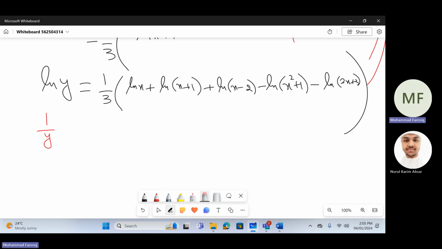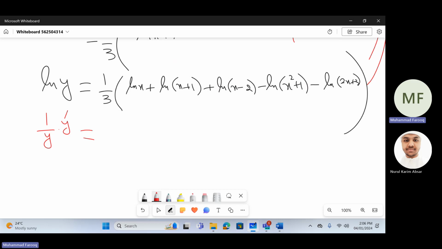What is the argument here? y. So 1 over y times the derivative of y. So what is the derivative of y? dy over dx. You can write dy over dx, or in short, y prime. Do you understand what I mean?